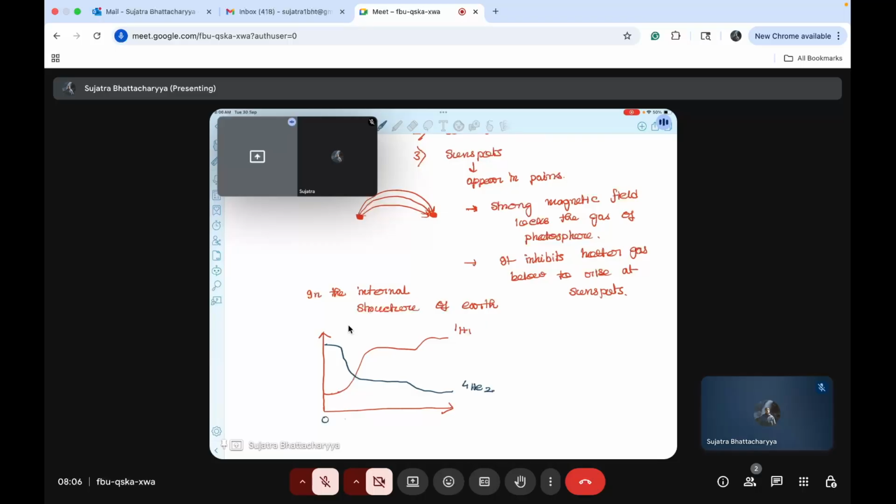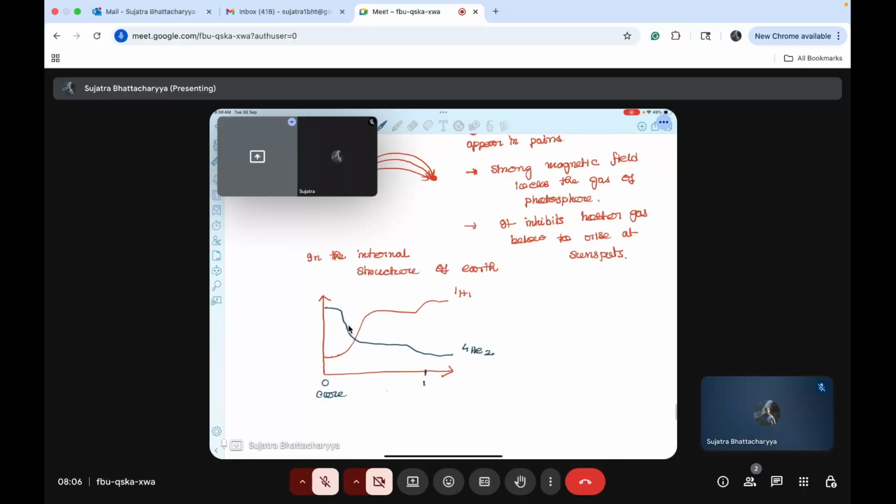This is 0, that is the core, and this is 1, let's say, R by R. Okay, so this is important.